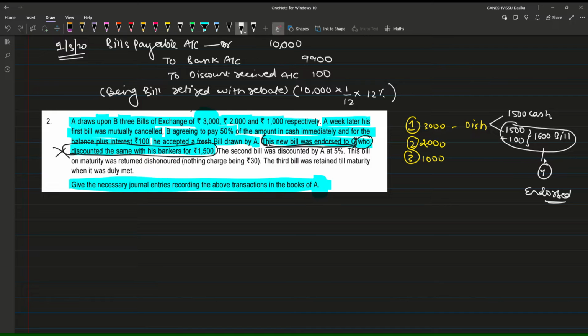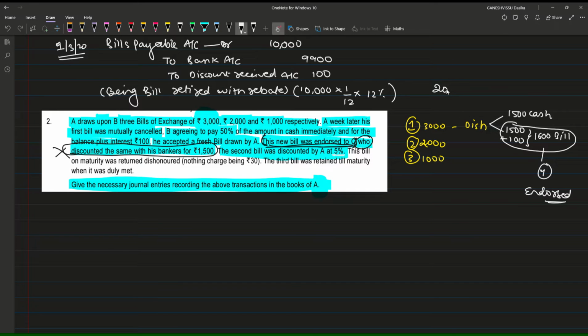The fourth bill has been endorsed. Now the second bill was discounted at 5%. What would be the discount amount? It has been discounted at 5%.